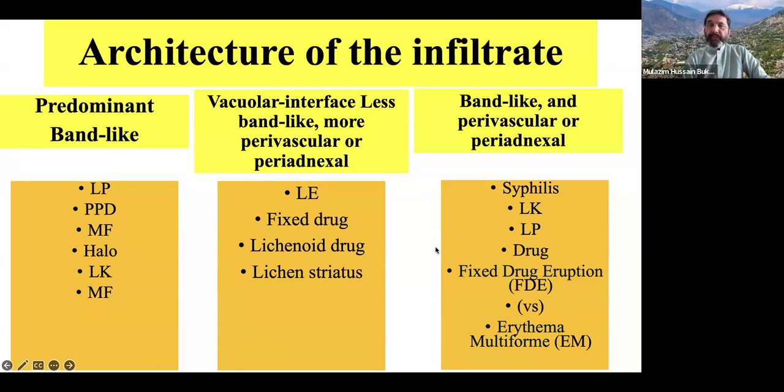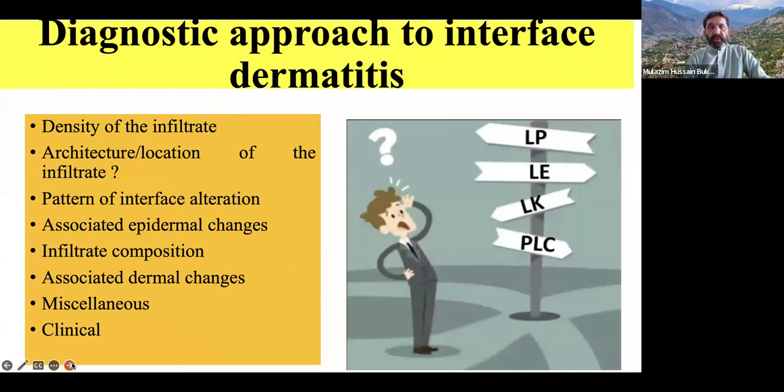Okay, and sometimes band-like and perivascular infiltrate is in syphilis. So these are the pictures when you sit alone, you revise, and if you get the time, one hour, spend on these slides, get how much band is present in which condition, and when band and vacuoles are mixed pictures. So it is very difficult as a diagnostic approach, and as we always say, what is the density, what is the architecture of the infiltrate.